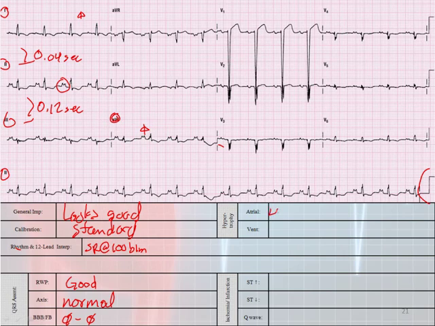So we have left atrial enlargement in 2, 3, and AVF.